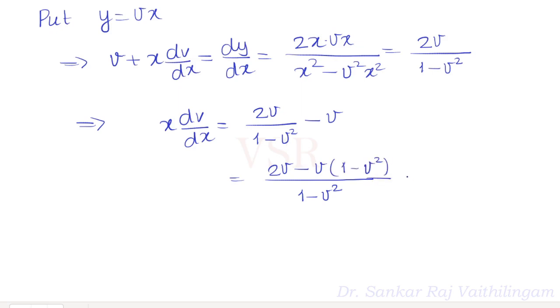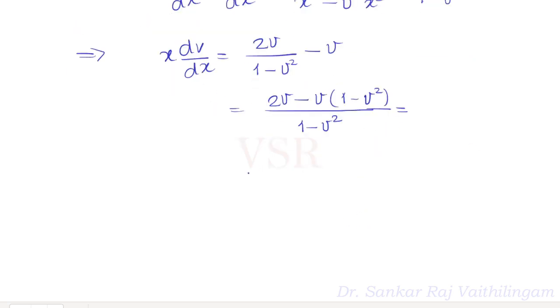So what is this? Here this is 2v minus v plus v cube. So 2v minus v gives me v, so we have v plus v cube, divided by 1 minus v square. Understood? Here there is a minus v, and here there is a 2v, so 2v minus v equals v, divided by 1 minus v square.